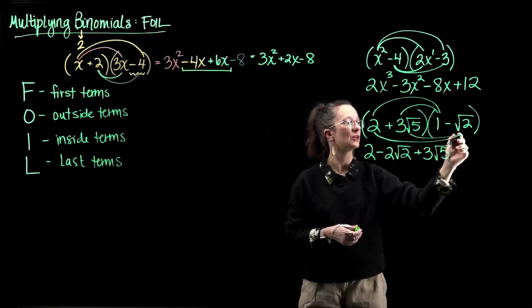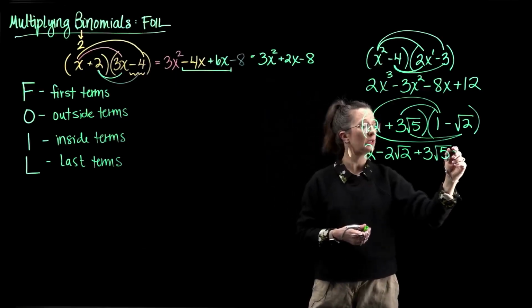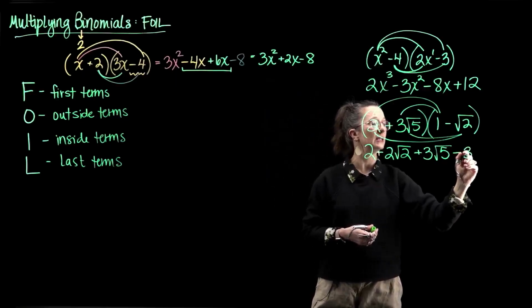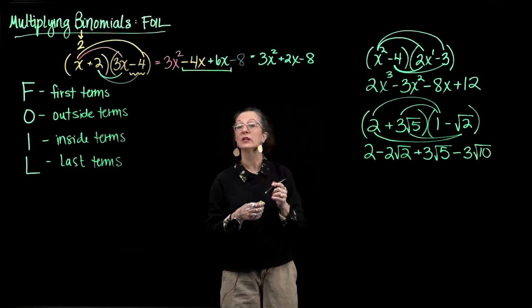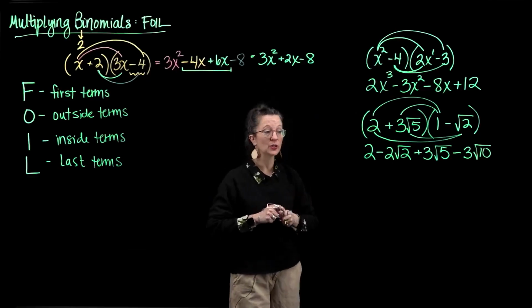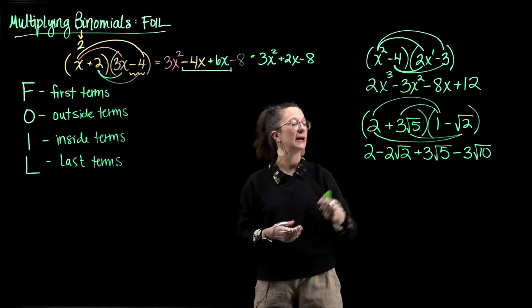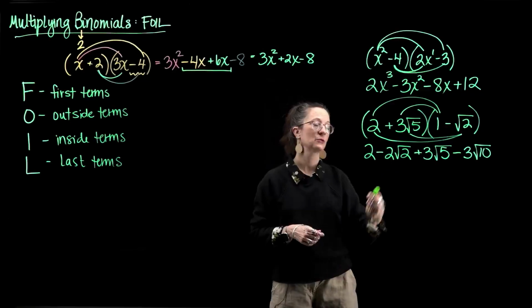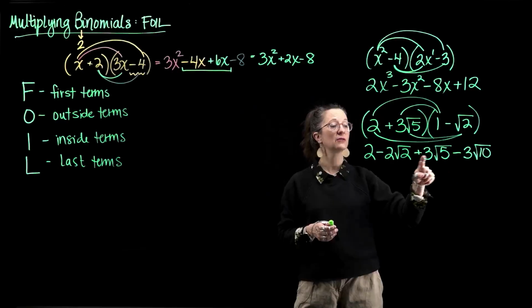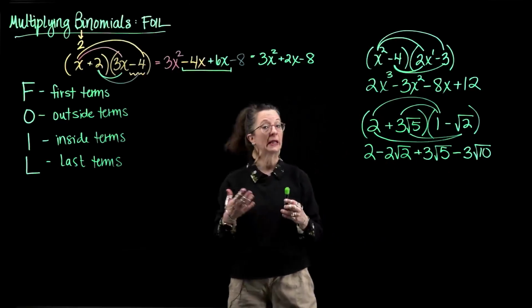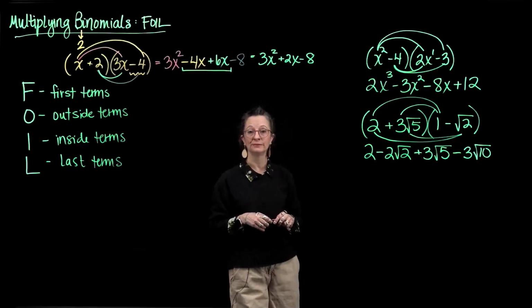And then last terms, 3 square root of 5 times negative square root of 2 is minus 3 square root of 10. Again, I would want to check and make sure I didn't have any like terms that could be combined in my answer. So 2 minus 2 square root of 2 plus 3 square root of 5 minus 3 square root of 10. Notice that none of the square roots are identical, so we cannot combine those. So my final answer will stay just like that.